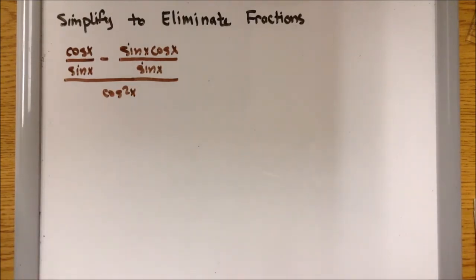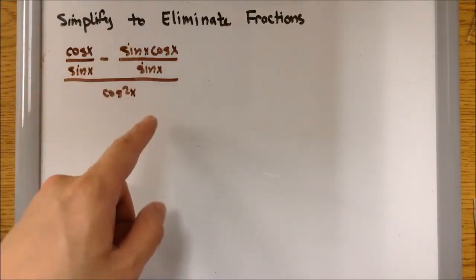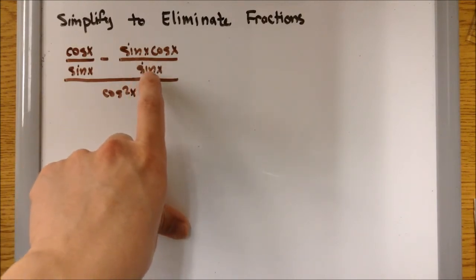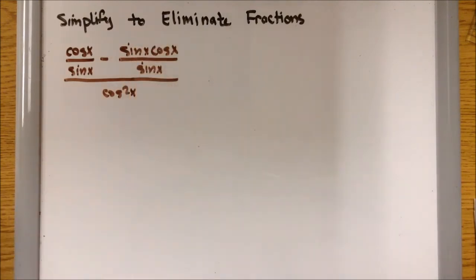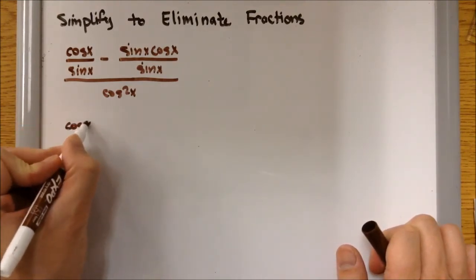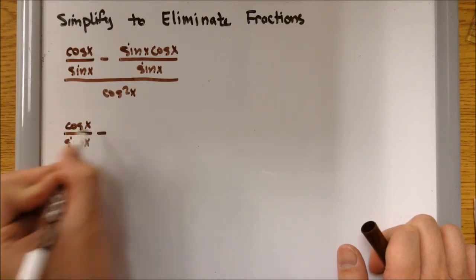Alright, now taking a closer look, see if I can simplify before I work out the fractions. Can't simplify here, but over here I can, because I have a sine x on the numerator and a sine x on the denominator, and it's multiplying on the top. I can simplify this fraction. So the rest will stay the same. So cosine of x over sine of x minus.